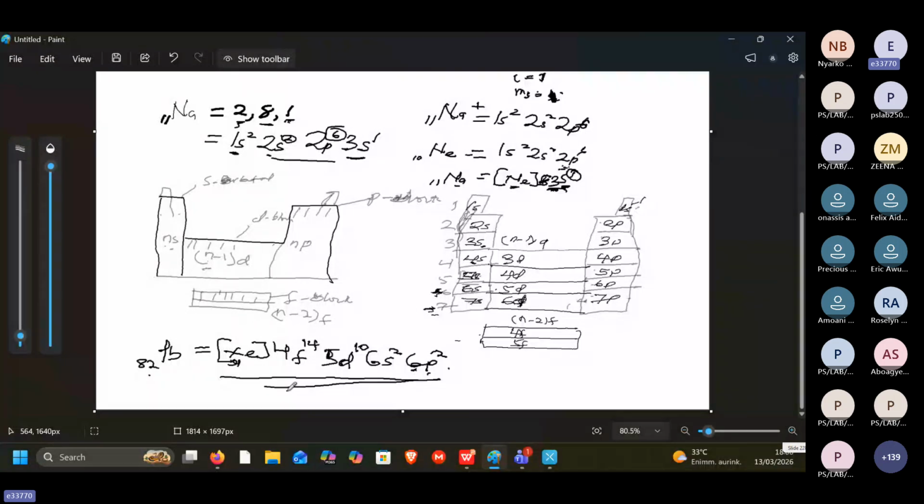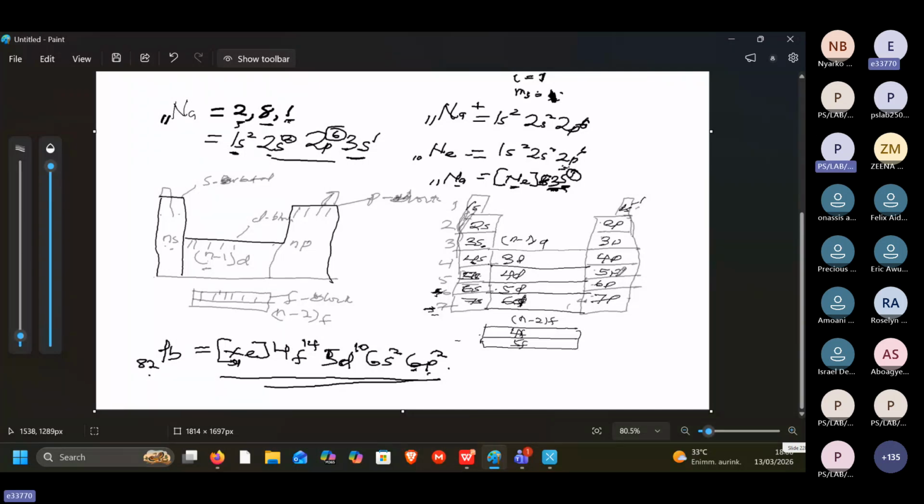So 82 minus 54, what will be left will be 28. Is that correct? Xenon will be on the P, which P? If you count, Xenon should be around here. Is that 5p? Yes, 5p6. After 5p, where are we going?